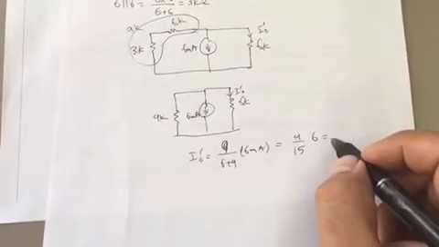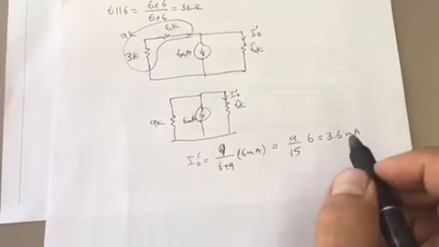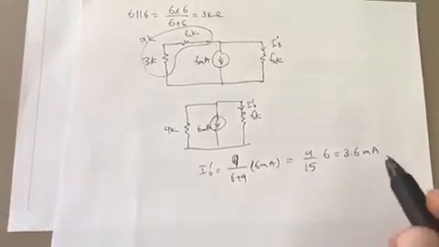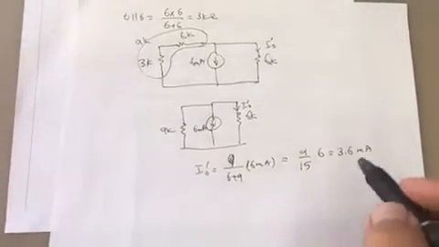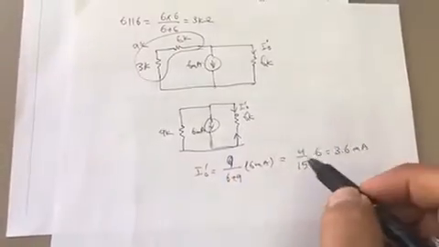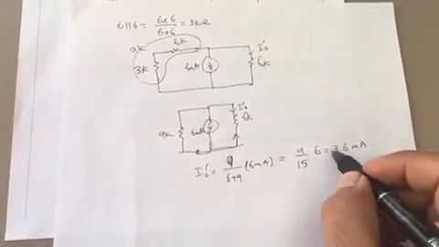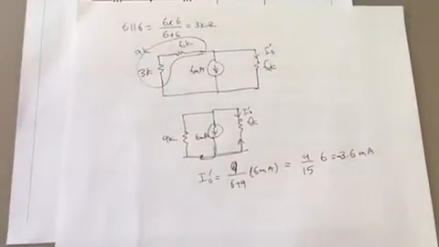This is going to be 3.6 milliampere. But you need to know that this current is going this way, and this way. So this is how it is divided. So this is negative 3.6.